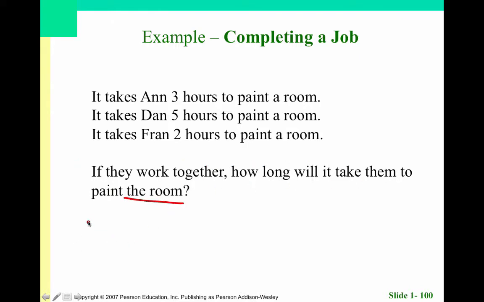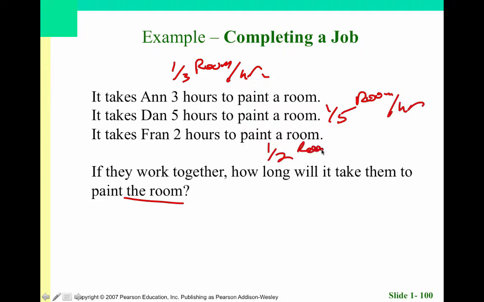So Anne can do a third of a room per hour, right? And then Dan is a slug. He doesn't paint very well. A fifth of a room per hour. And Fran is the pro. A half a room per hour. So with these work problems, we're trying to complete one room.